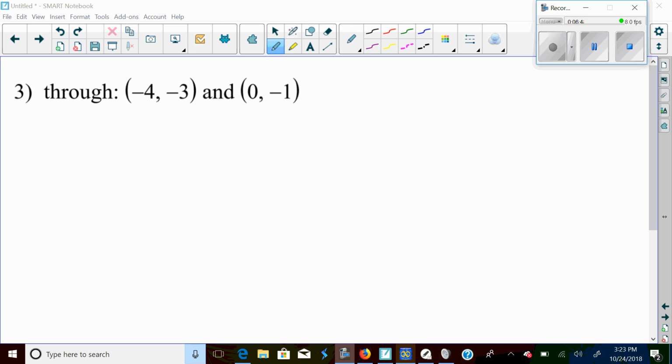All right, let's take a look. So I'm gonna start off, go ahead and write out my x1, y1, x2, y2. Write out my formula, y2 minus y1 over x2 minus x1.